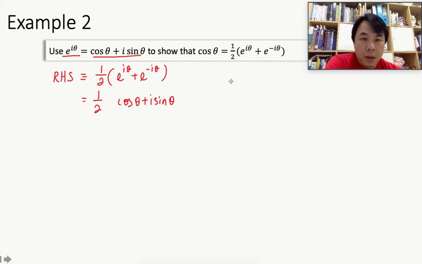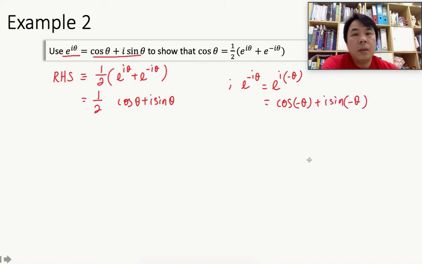And then the second part, I'll make a remark here. e^(-iθ) is the same as cosine of negative θ plus i sine of negative θ. Based on the properties of cosine and sine, we can write it as cosine θ minus i sine θ, because sine of a negative angle is negative.